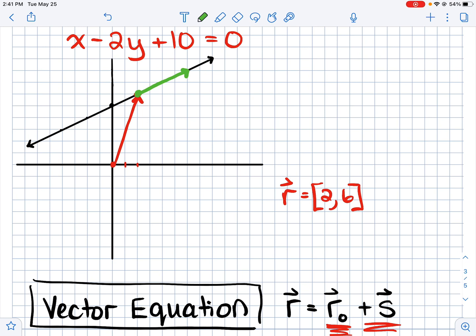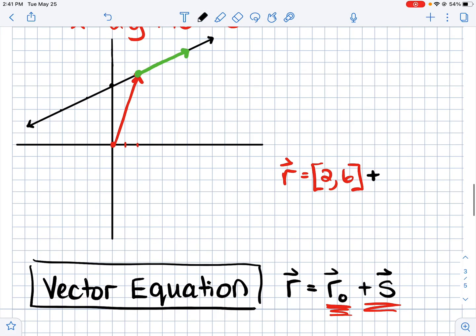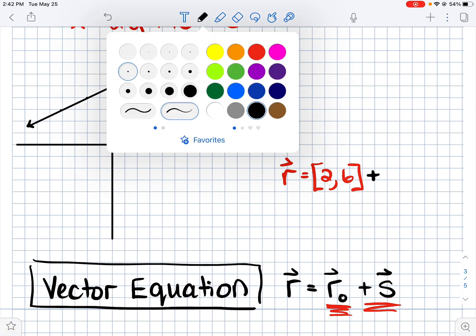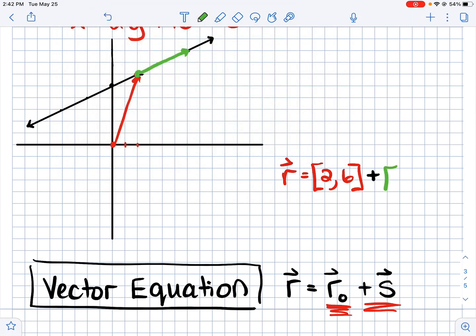And then plus, so we'll say vector S is like 1, 2, 3, 4, 1, 2. Vector S is like the vector 4, 2, right? So I'm going to say 4, 2.